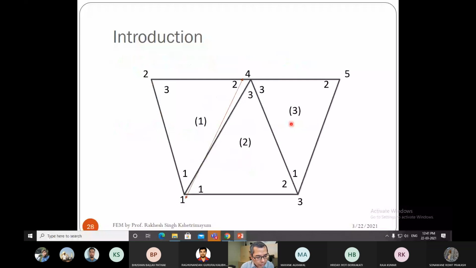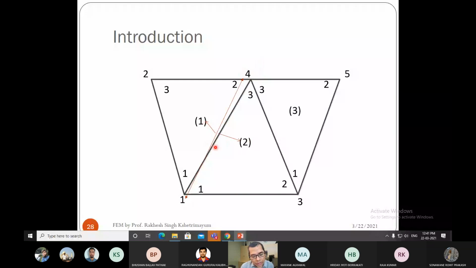Okay. Let's say I want to find C14, global node number 1 and global node number 4. How do I find it? What you are observing is that this 1, 4 is connected to element 1 and element 2.